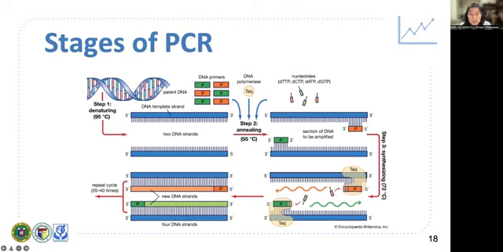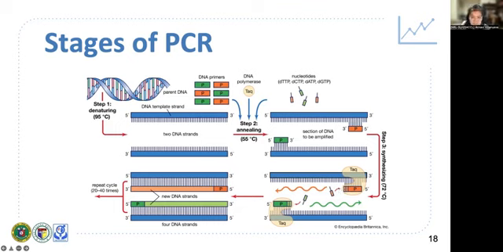And the next step is your synthesis or your extension stage, which occurs in 72 degrees Celsius. Ito medyo uniform yung temperature nito, 72 degrees Celsius. So what happens here is that your DNA polymerase now attaches to the primer and extends the 3' end of each primer along the template strand.